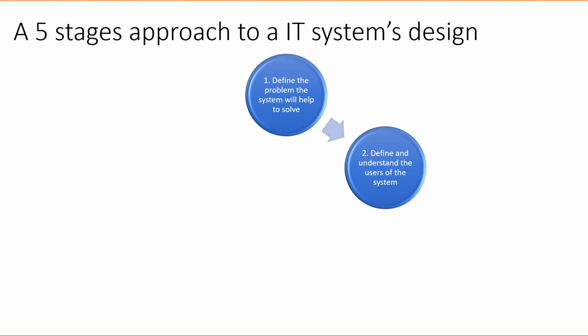The second step is to define and understand the users of the system. We call these personas as well, to define the persona of the system. We will see this in detail, but typically you make a survey or research and find out who the main users are, how they act, how they use the system, and what their pains are, in terms of what they find difficult.